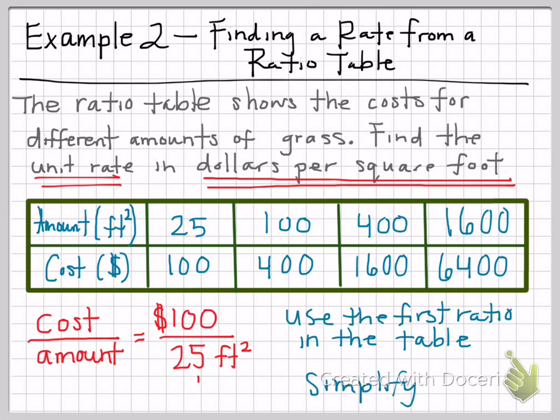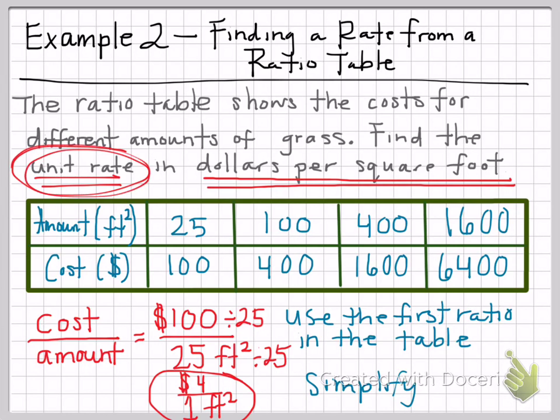You have $4 over, we're dividing by 25 here because that's a large number that goes into both. $4 per 1 square foot. Do you see how I got that? I divided by 25 because I'm simplifying.